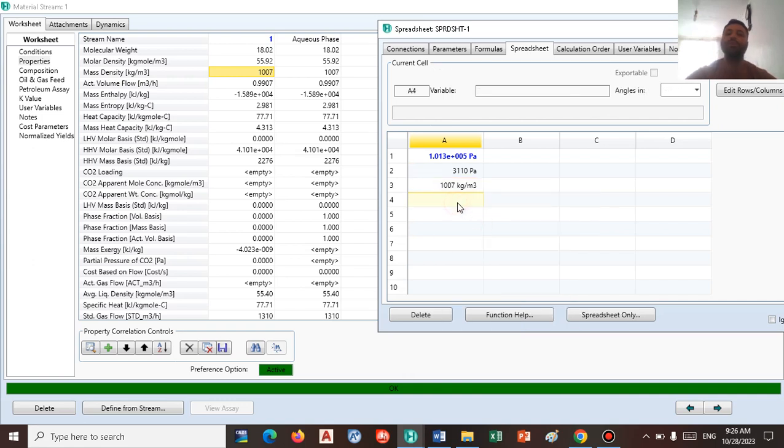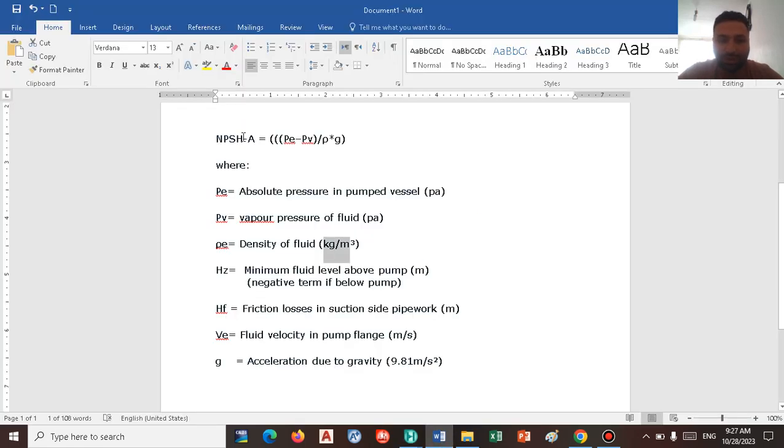So let's formulate this and find out how HYSYS calculates NPSH. We have the absolute pressure minus the vapor pressure, or bubble point pressure, that we inserted in the spreadsheet, divided by the mass density, multiplied by the acceleration due to gravity.